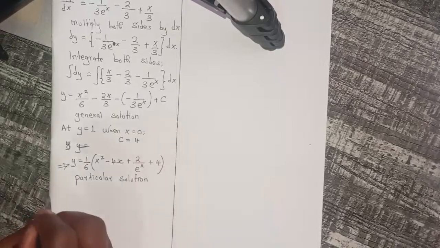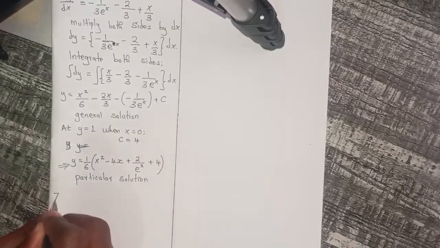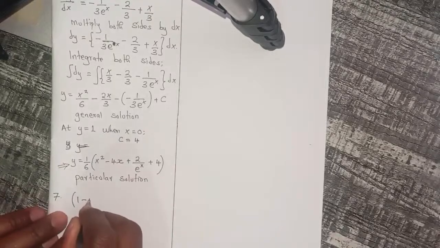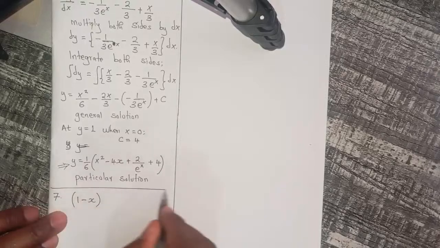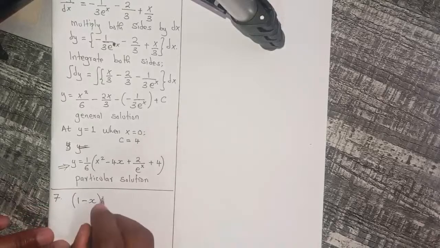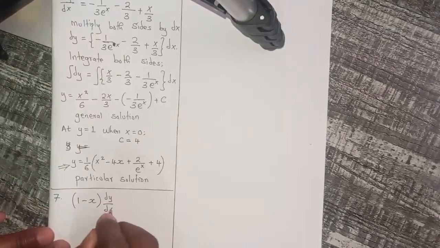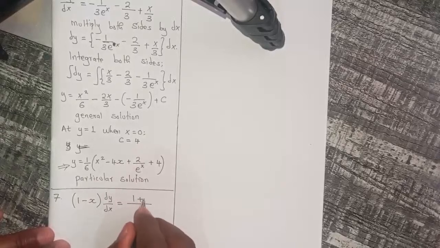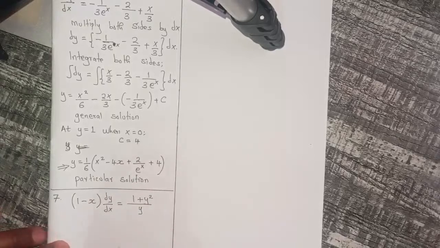So we can have another example, number 7, that reads into bracket 1 minus x, close the bracket, dy over dx is equivalent to 1 plus y square divided by y.